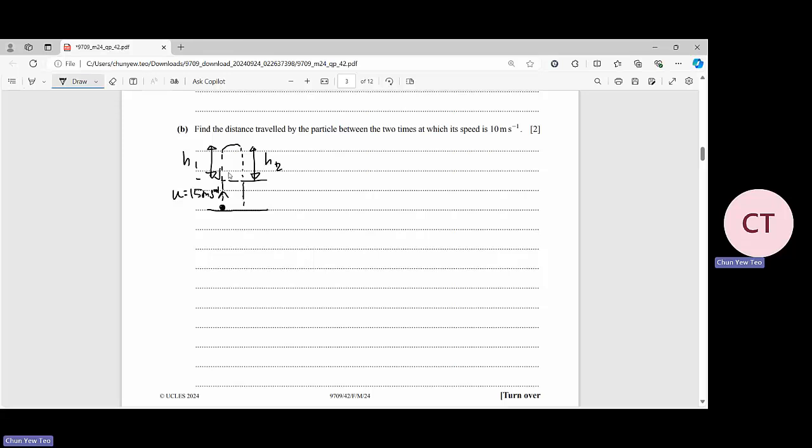Okay, so what you can see is that we have been informed that this is 10 meters per second. When you reach the top, your v is 0 because at the maximum height the velocity is 0. So we just use this formula. 0 squared is equal to 10 squared plus 2 times negative 10 times h1.